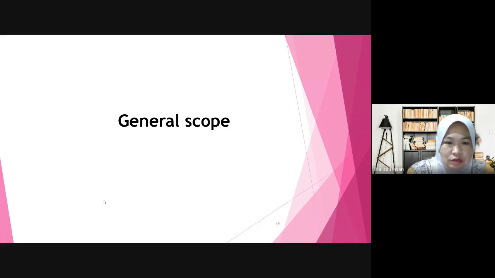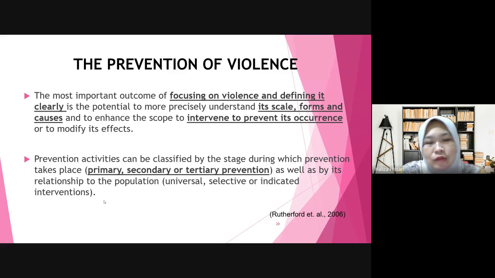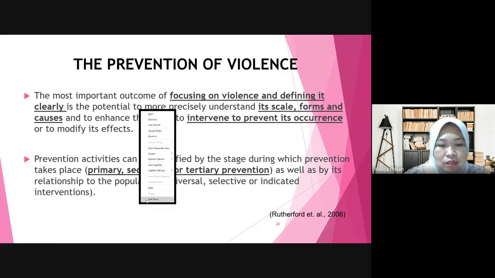From the general scope, we have prevention of violence. Because the most important outcome of focusing on violence and defining it clearly is the potential to more precisely understand its scale, forms, and causes, and to enhance the scope to intervene to prevent its occurrence or to modify its effects. So, prevention of violence.